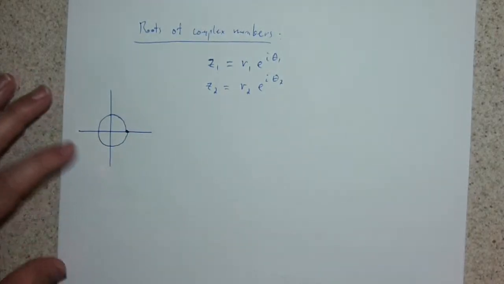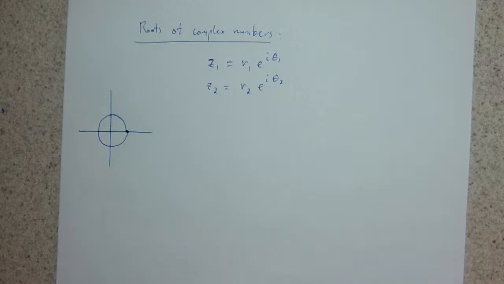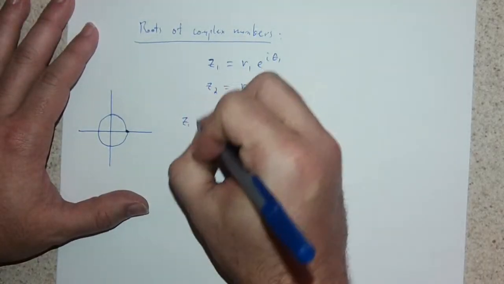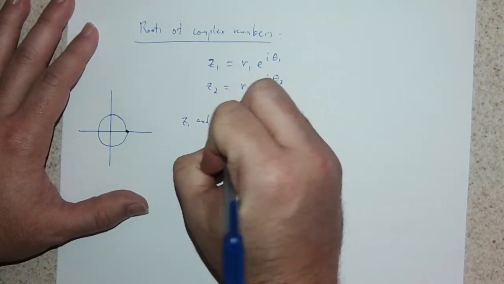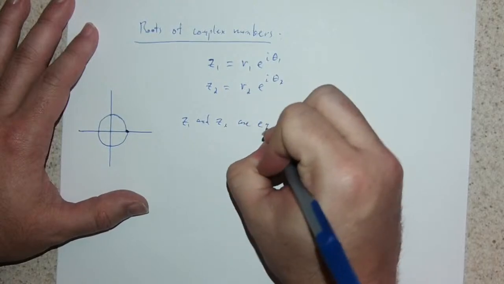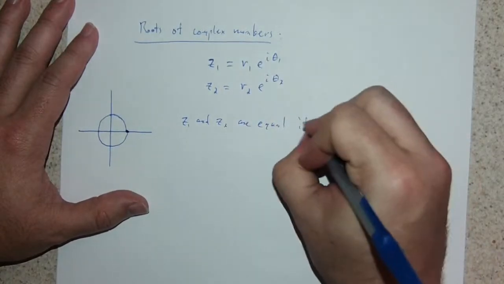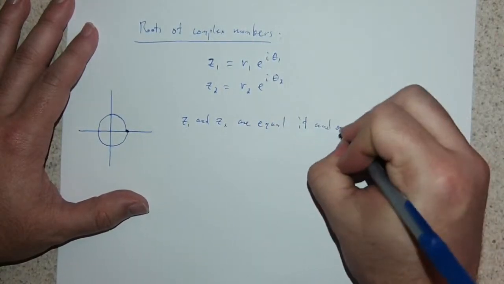And so what does it mean if two complex numbers that are non-zero, so we're not even going to consider that possibility, are equal? z sub 1 and z sub 2 are equal if and only if.